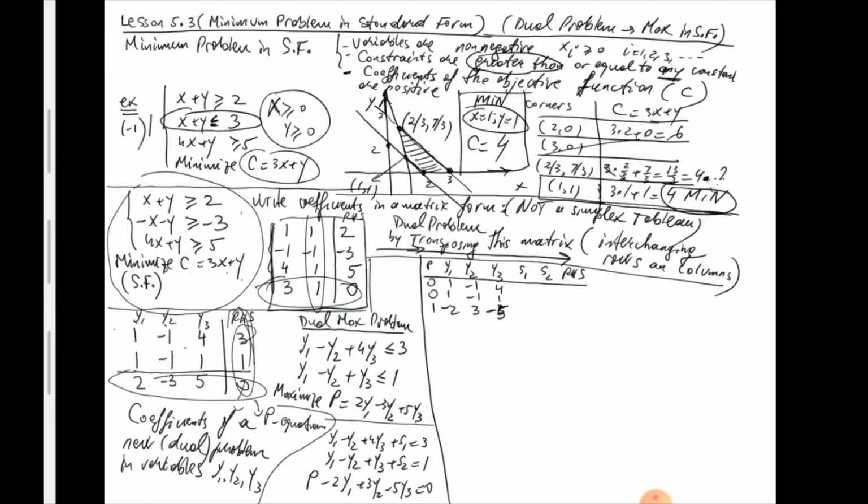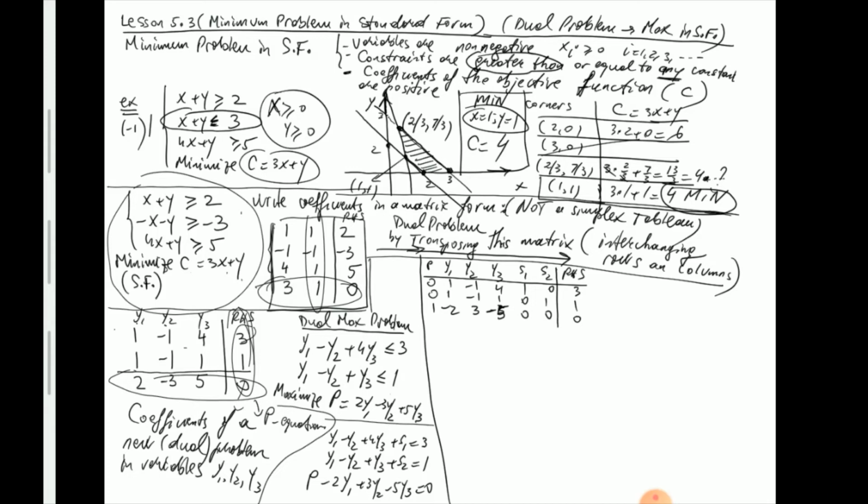So 0, 0, 1, 1, 1, minus 2, minus 1, minus 1, and 3. That's correct. And then 4, 1, minus 5, and then the slack variables, and the right-hand side 3, 1, 0.